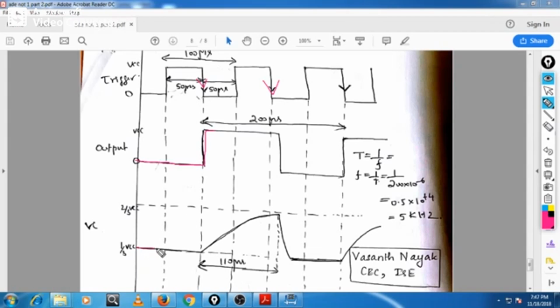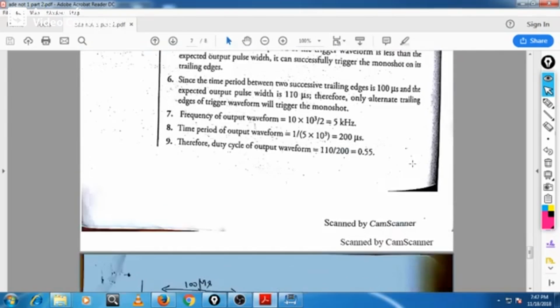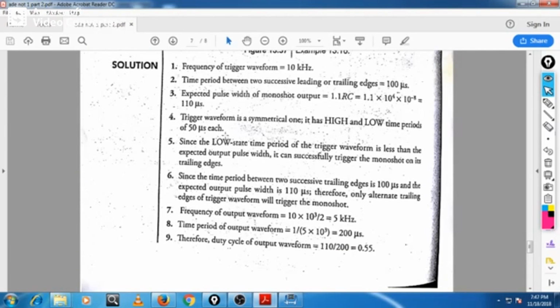Initially our capacitor charge is 0. It is going to charge till 2 by 3 of VCC. That is calculated by the formula, 1.1 RC constant.